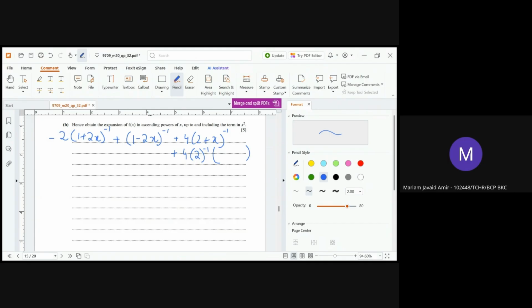Here we'll have 1 and here we'll have x over 2, all to the power negative 1. So now we have 4 over 2, which is just 2, times (1 + x/2) to the power negative 1. Let's rewrite all of them.